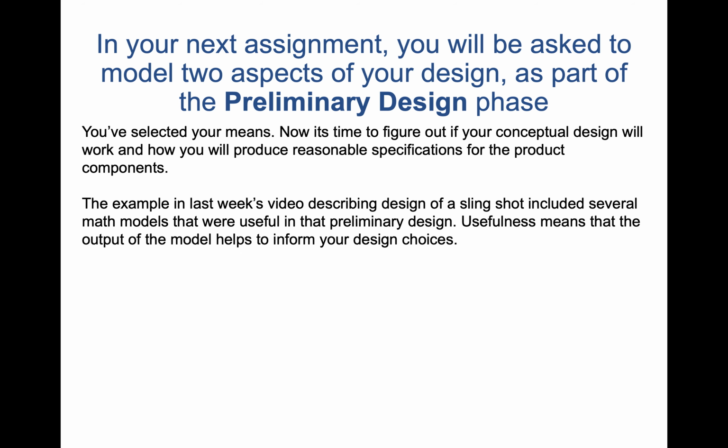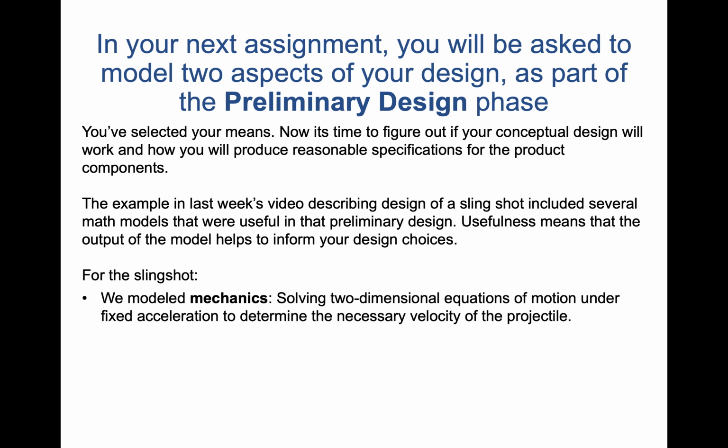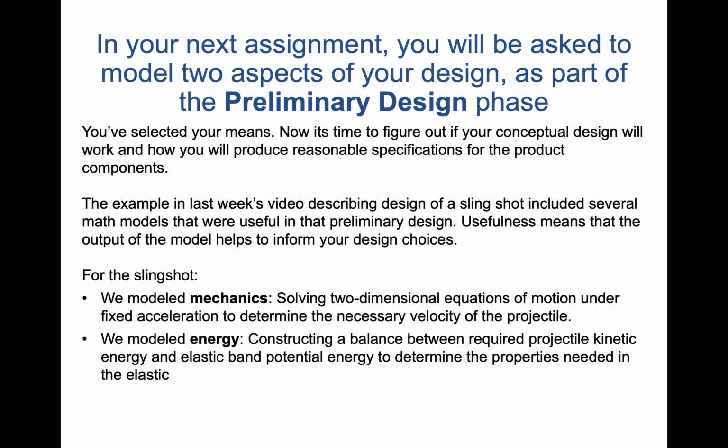So what did we model for the slingshot? First, we modeled the mechanics, solving two-dimensional equations of motion, particle motion under fixed acceleration, to determine the necessary velocity of the projectile. Once we had that, we could model energy, constructing a balance between the required projectile kinetic energy and the elastic band potential energy needed to propel the projectile at the right speed.